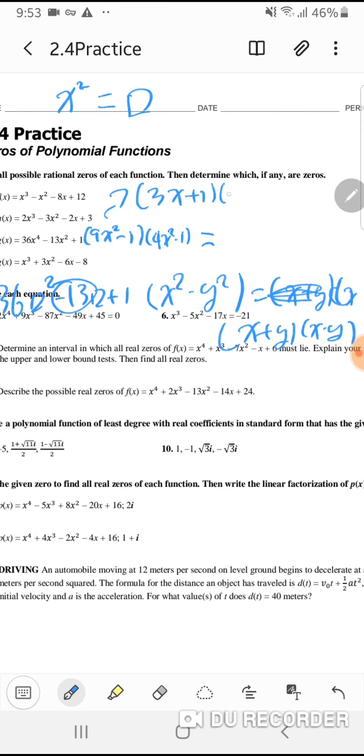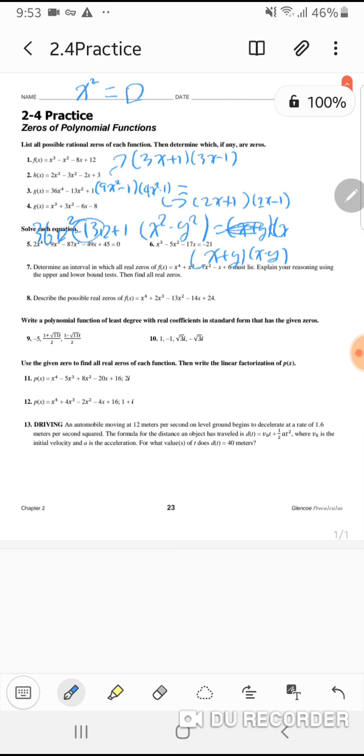3x plus 1, 3x minus 1. This is the same thing. 2x plus 1, 2x minus 1. So that's all. So our zeros would be x equals negative 1 over 3, x equals 1 over 3, and then x equals negative 1 over 2, x equals 1 over 2.